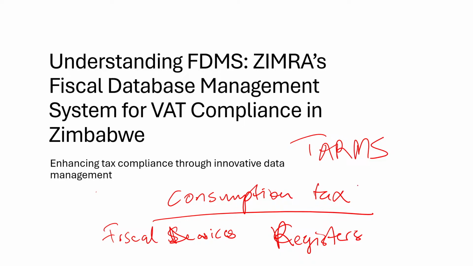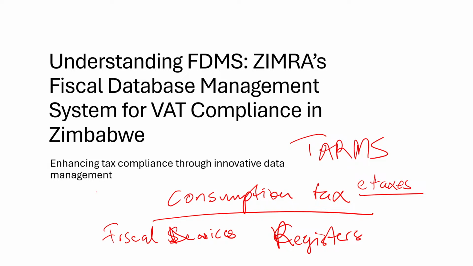Fiscal devices started in the era of e-taxes, right? In as much as they were efficient in tracking your sales on your computer and on their device, they needed to visit your premises to verify that the invoices or the VAT returns you did were tallying with the sales that you posted in their fiscal device.